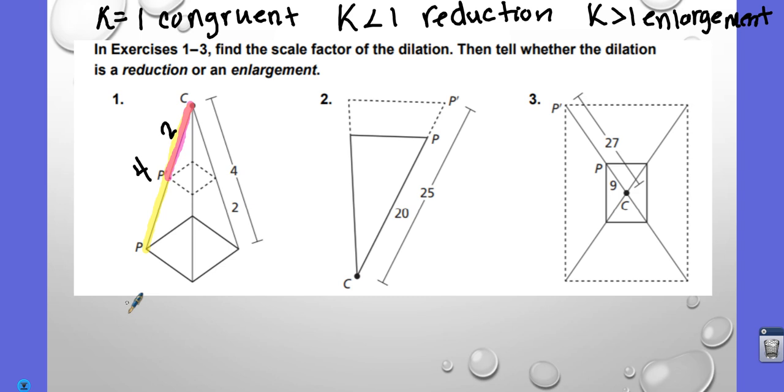So if I know that I'm working with the reduction, all you do is take the P. You're going to say 4. Since this is a reduction, we're going to do 2 over 4, which is 1/2. So k equals 1/2, and since k is less than 1, that is a reduction.